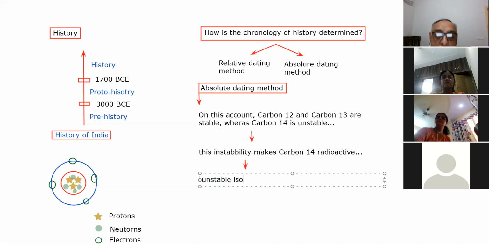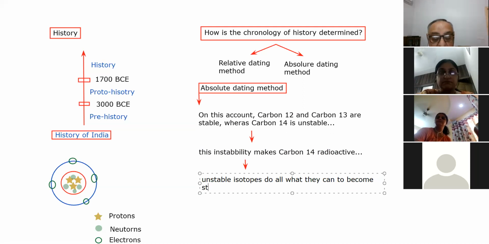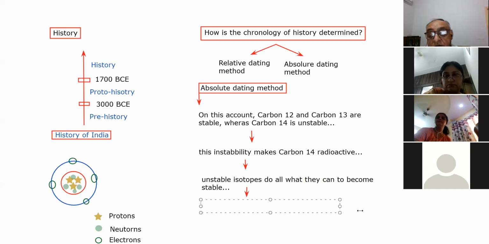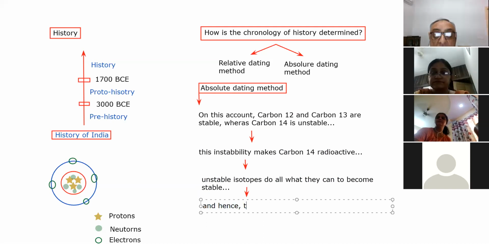Next, unstable isotopes do all they can to become stable, and hence they decay into other elements.